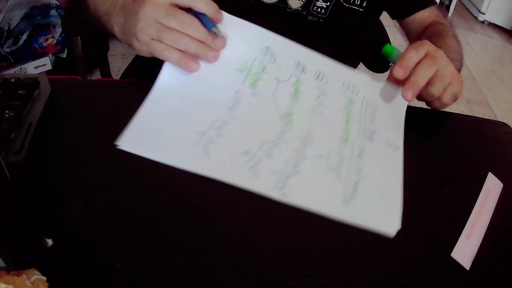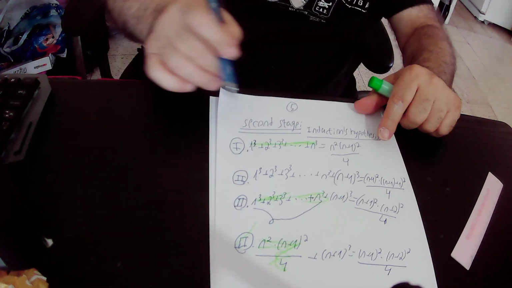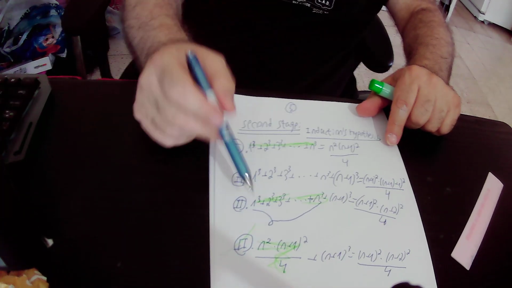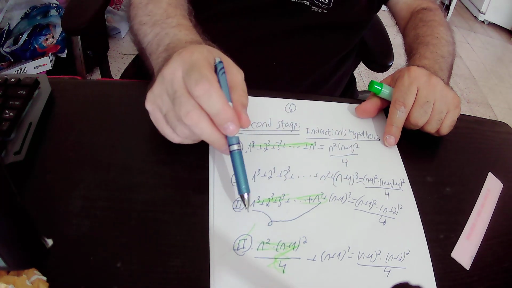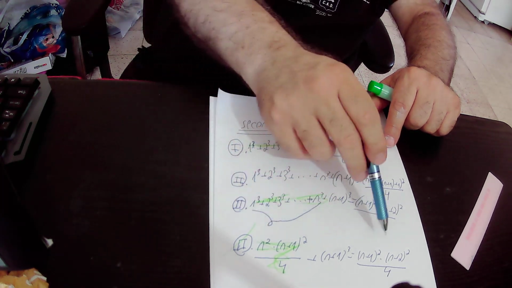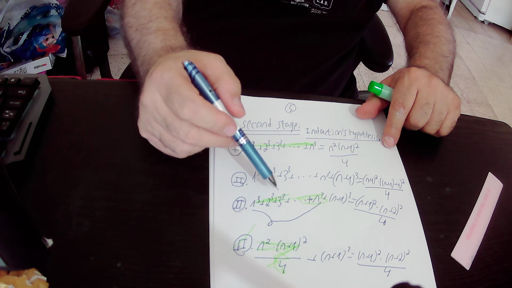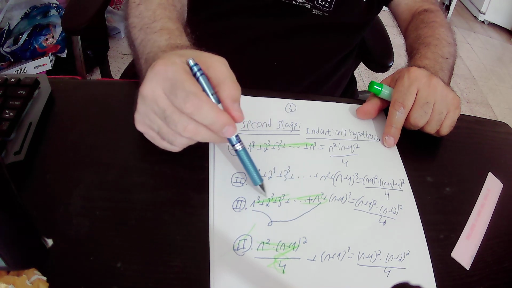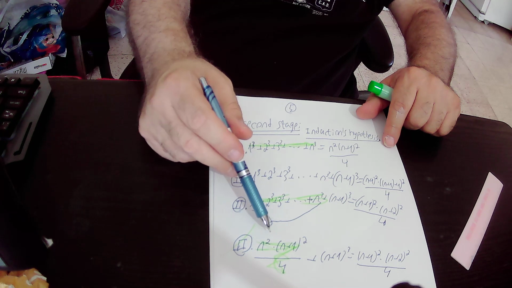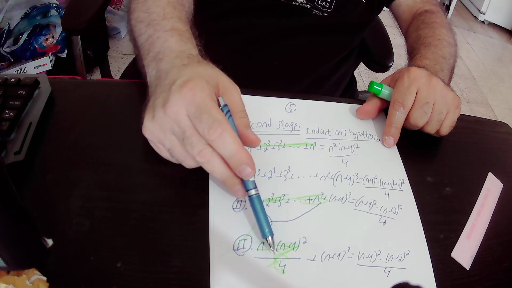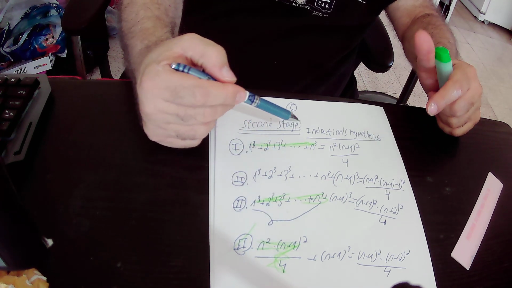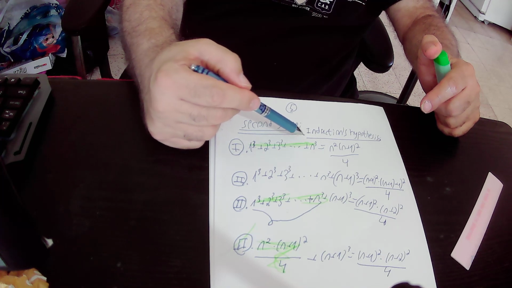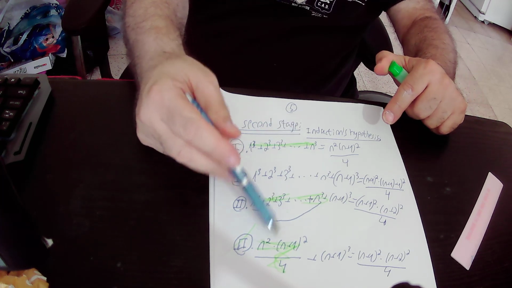So, as you can see, this line is almost identical to this line. The only thing that we changed is that we substituted this expression by n squared times n plus 1 squared divided by 4, because according to the induction hypothesis, they are equal to each other.